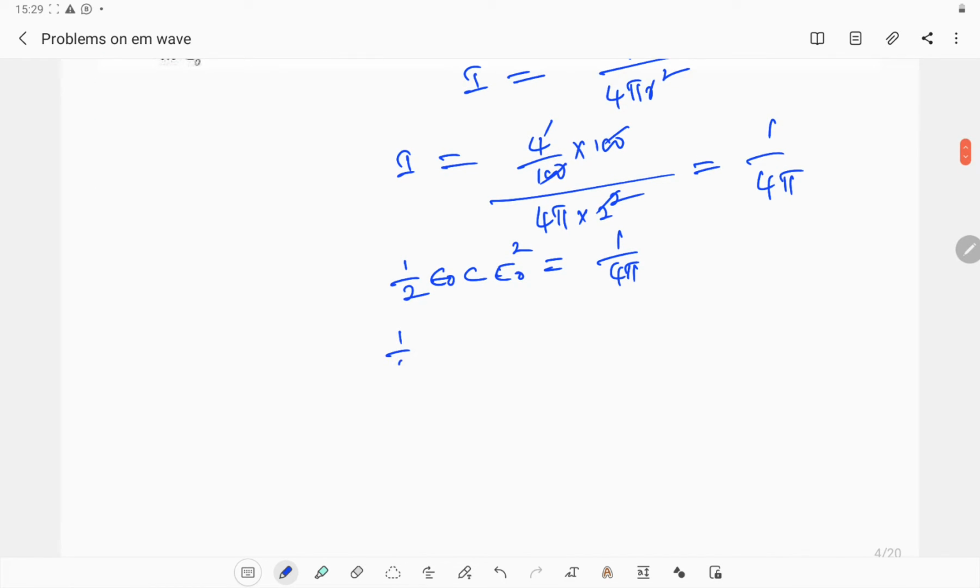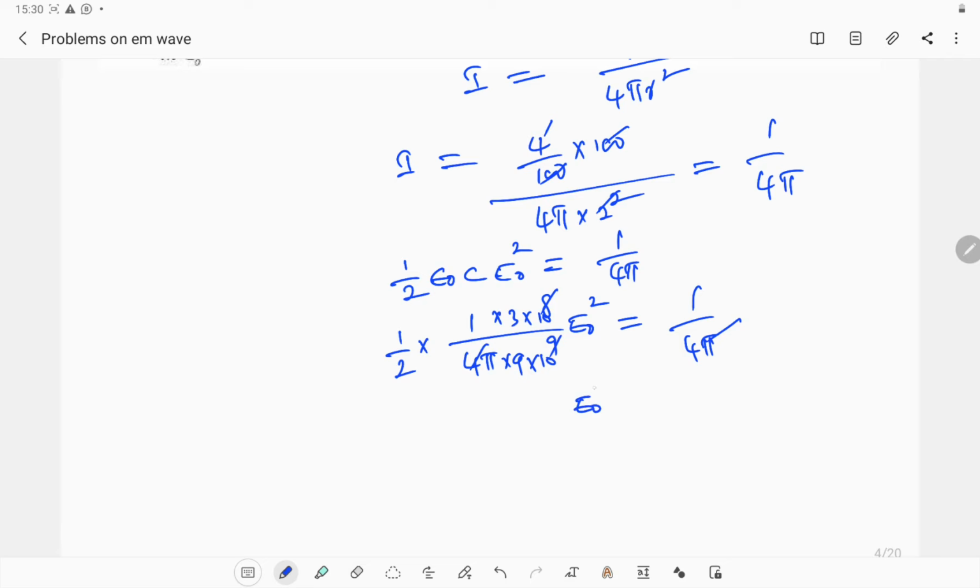Here 1 by 2 epsilon naught is nothing but 1 by 4 pi into 9 into 10 to the power of 9, and c is 3 into 10 to the power of 8, and E naught square is equal to 1 by 4 pi. 4 pi cancel. It's 10 to the power of 8, here 8 cancel.